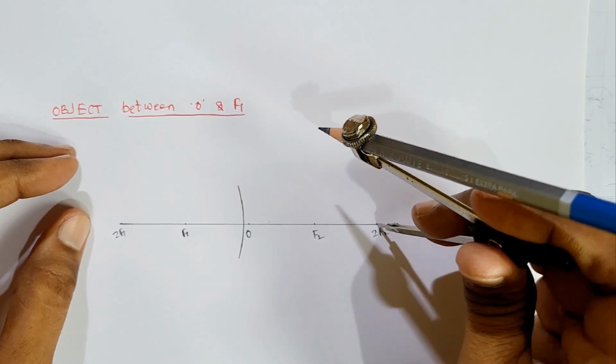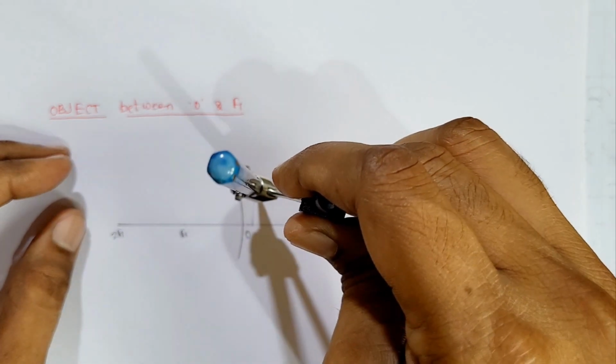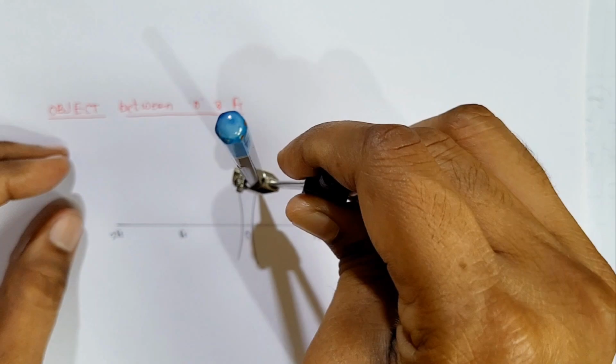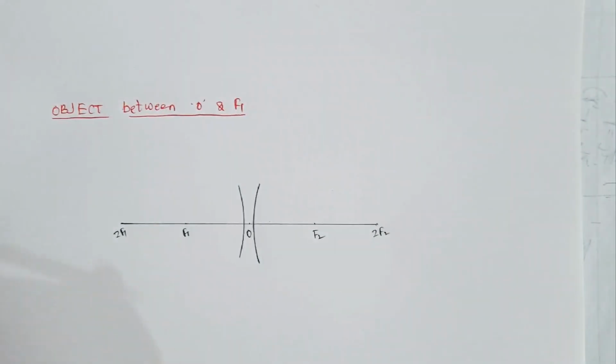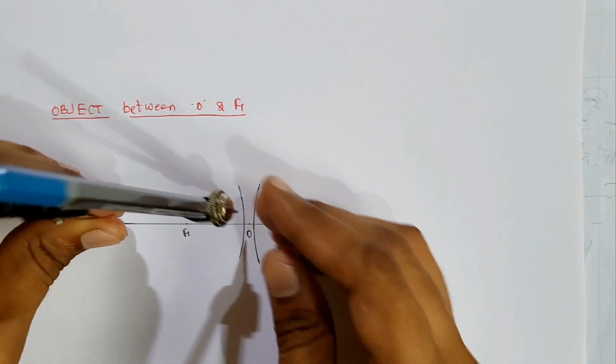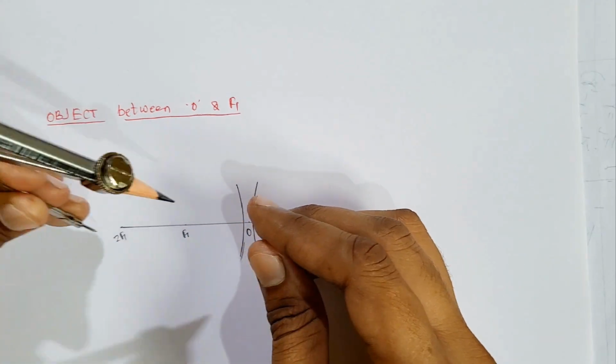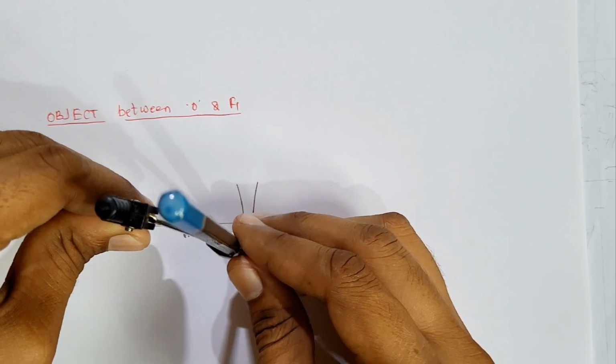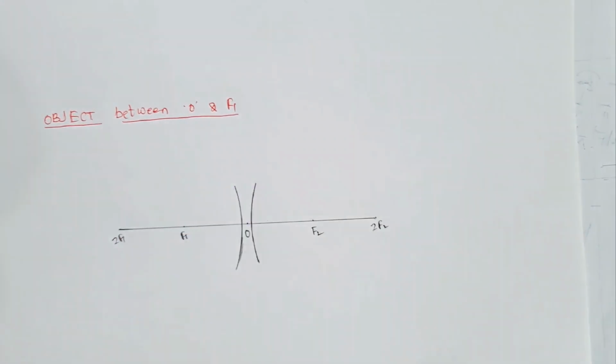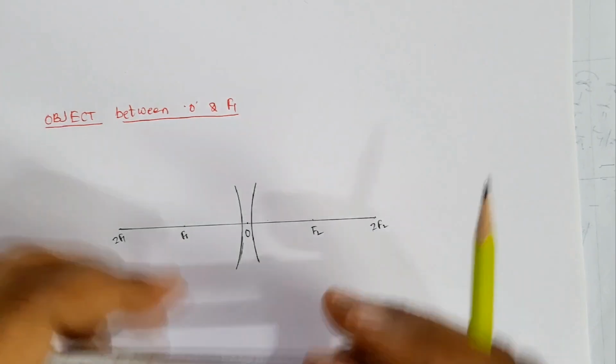Taking 2F1 as center, draw one arc, and taking 2F2 as center, draw one more arc. Close the arcs now.